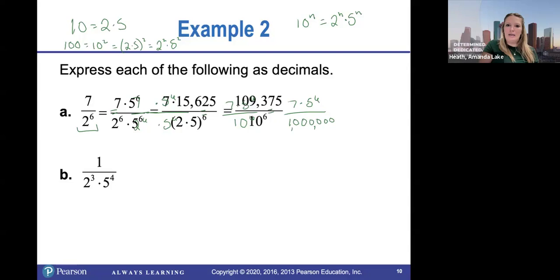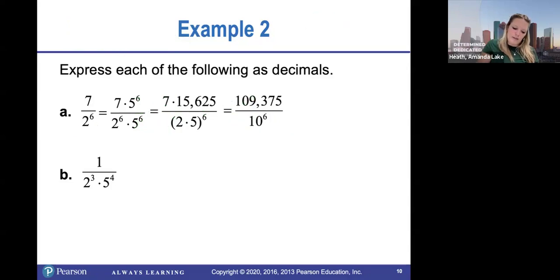And we can use our calculators to multiply out here and get 109,375 over 10 to the 6th, which is millionths, which tells me that I'm going to be at the 6th decimal spot also.